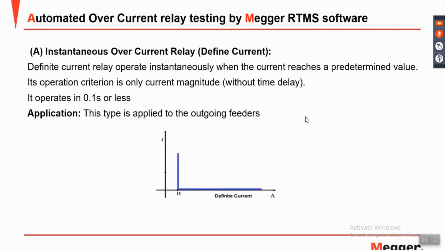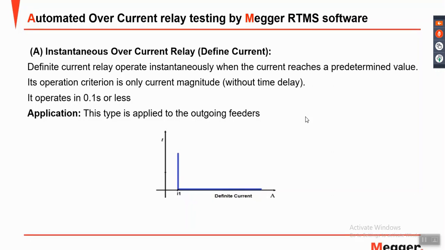Now, about the instantaneous overcurrent relay, as I said, it operates instantaneously. So whenever the current meets the set value, it's going to trip without any time delay. This is typical for an outgoing feeder, as it's written here. We have it in the generator also.